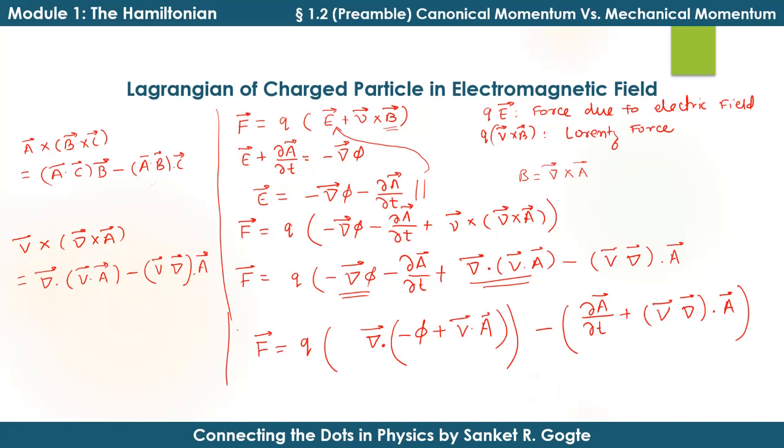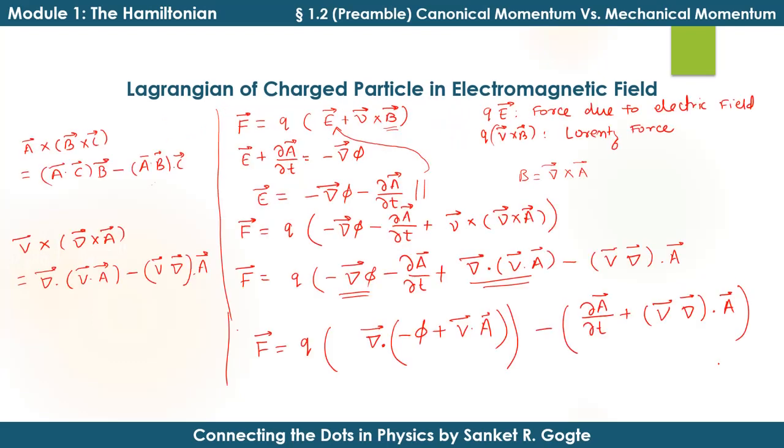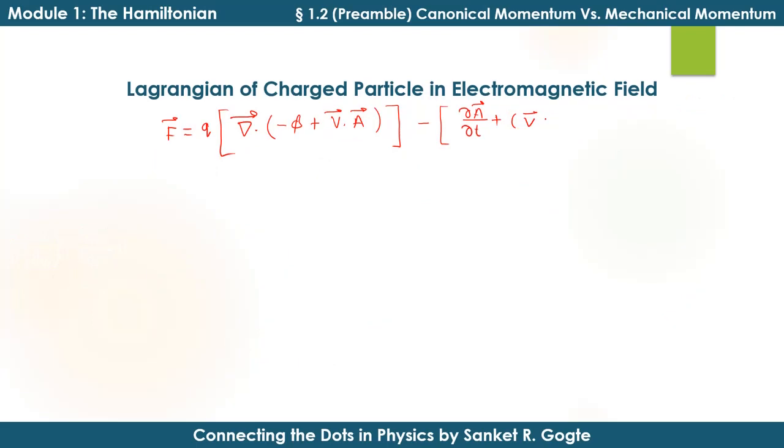Let me write this force again onto this slide. So F is equal to Q into del, I have taken common, into minus of phi plus V dot A minus dou A by dou T plus, what's the next term, V into del dot A. So this is closed.